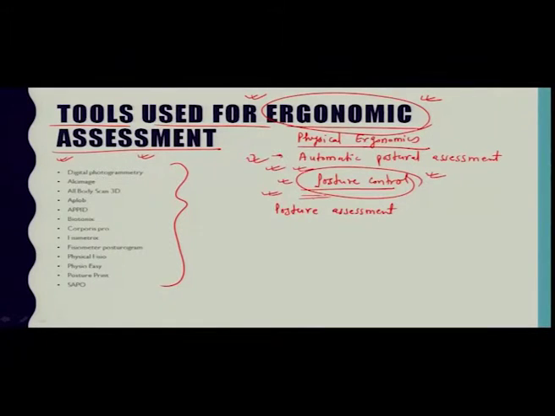This particular posture assessment can be done in two ways: on a quantitative basis and on a qualitative basis. The qualitative assessment is less expensive, whereas the quantitative assessment requires the use of computers.